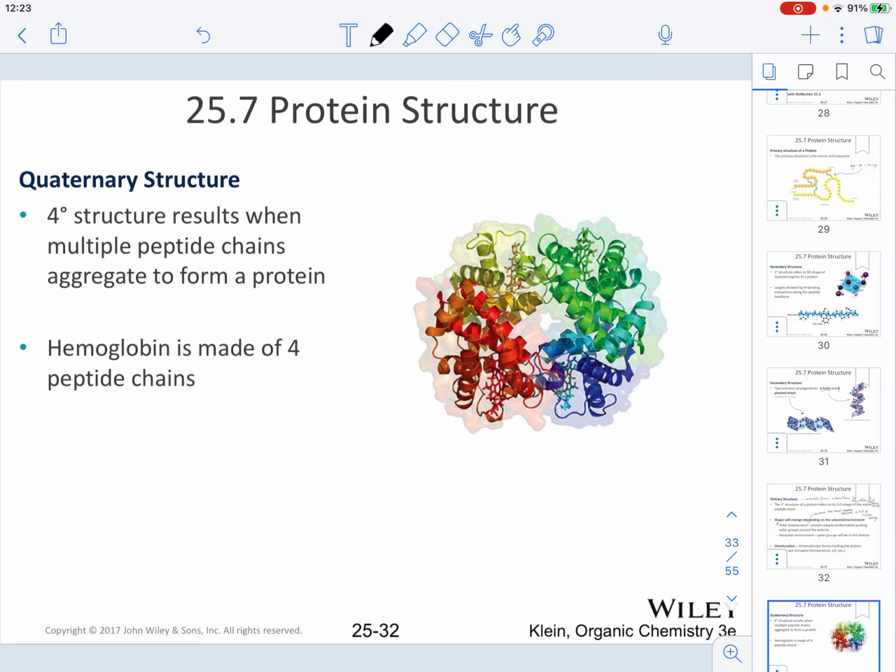To give you an example, here we have the structure of hemoglobin. Hemoglobin is made out of 4 peptide chains, and they have to come together to make the protein hemoglobin. So unless your protein has subunits, it is not going to have a quaternary structure.